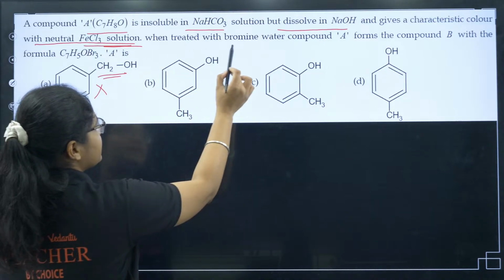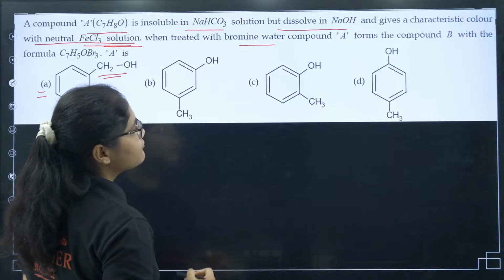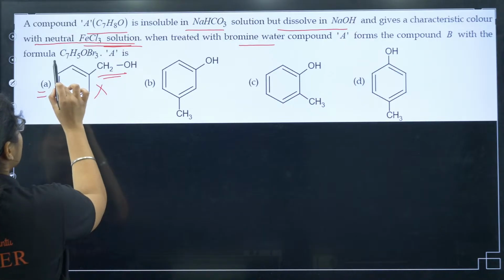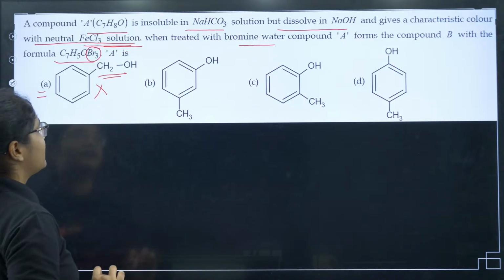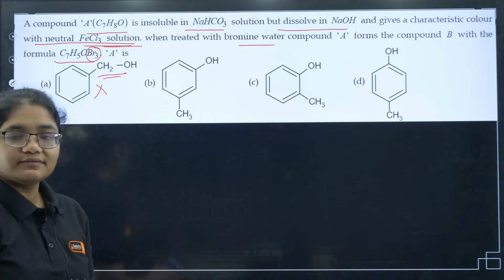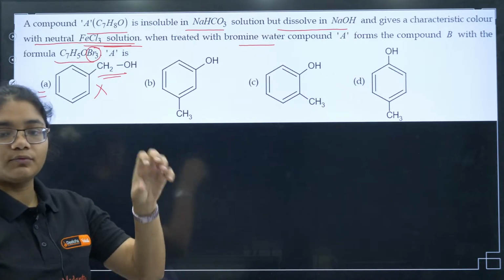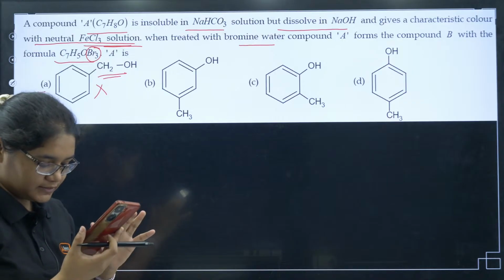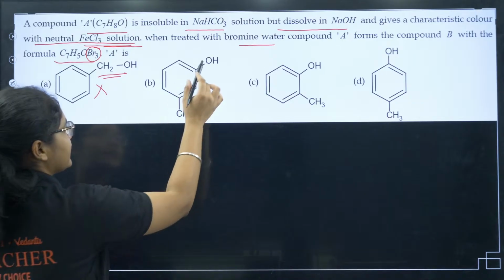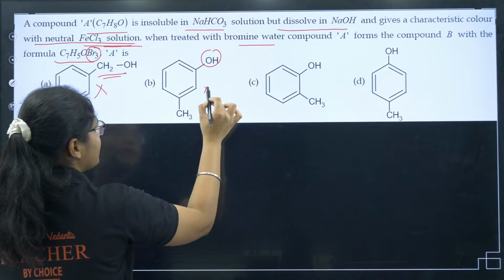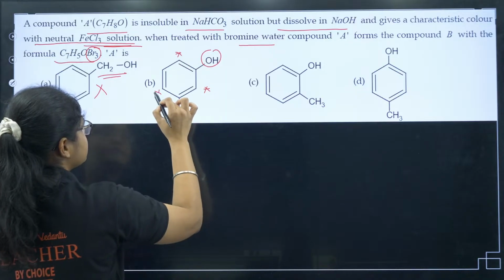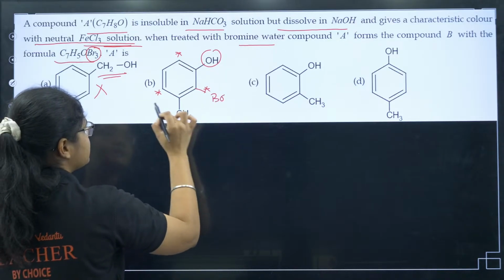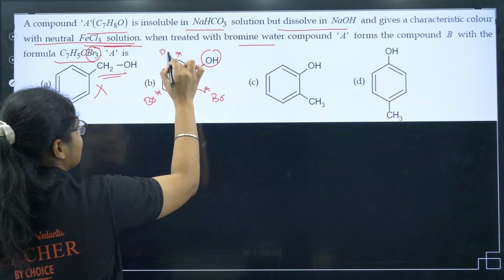Next, when it is treated with bromine water, compound A forms compound B with the molecular formula C7H5OBr3. We have just discussed, if I treat phenol with bromine water, it replaces all the ortho and para positions. Now if you see here, OH is there, so ortho position is free and para position is free, so all of them will be replaced with bromine. So this can be the answer.